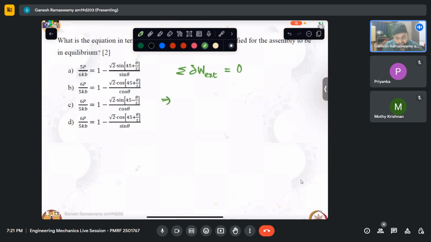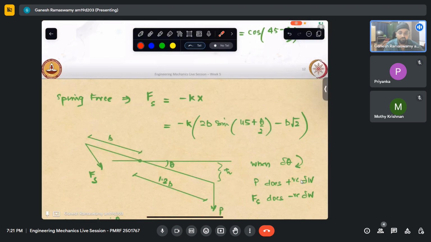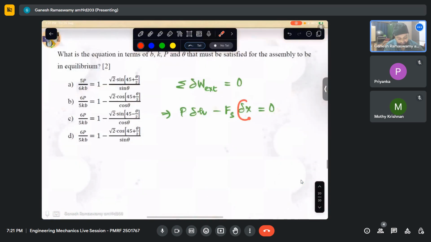It will be P delta h minus Fs delta x equal to 0. We have got the expression for delta h. P is P only, which we have applied. For Fs, we have got the expression over here. What we have not got is delta x. So we have the expression for x, we just have to differentiate that. So let us do that.